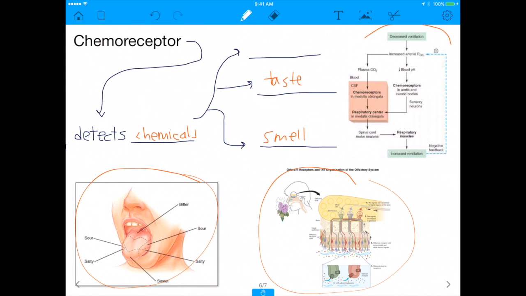But the other thing people don't know is, believe it or not, your breathing rate is also controlled by chemoreceptors. Well, why is that? Because when you breathe, you're indirectly taking in and exhaling carbon dioxide. Carbon dioxide dissolves in your blood as bicarbonate, and bicarbonate is a chemical, right? A chemical that can bind to your receptors.